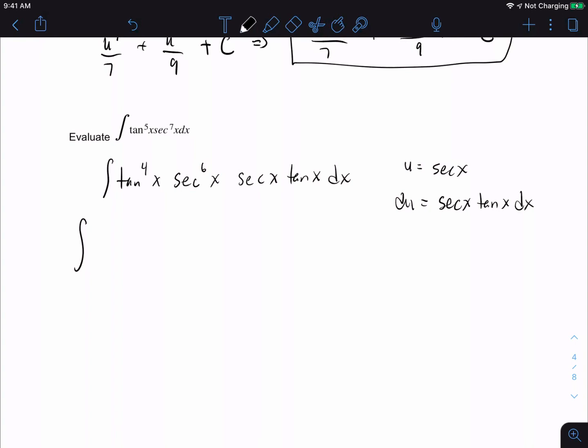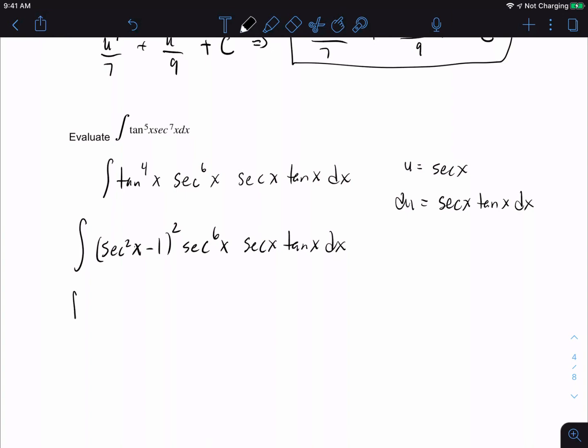So I know that tangent squared is secant squared x minus 1, but that's got to be squared. I'm going to have secant to the 6th x, and then that's going to become secant x tangent x dx. Okay?